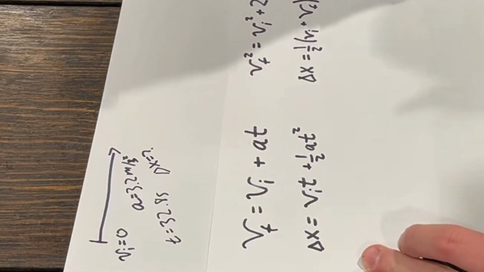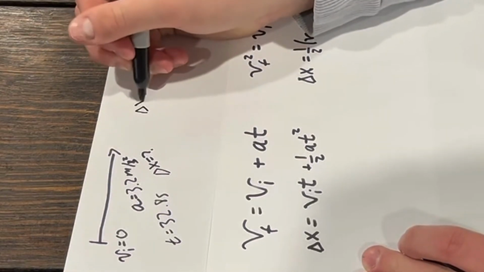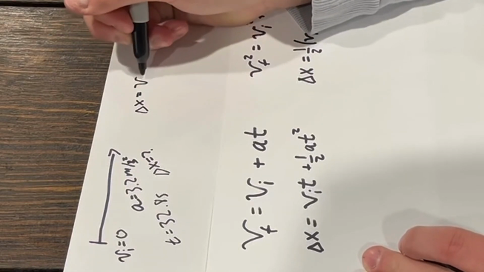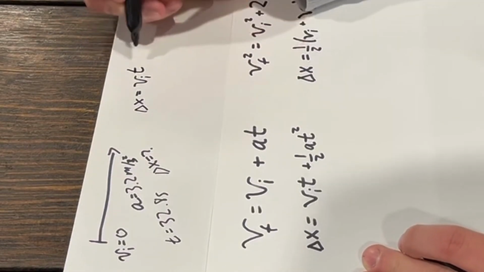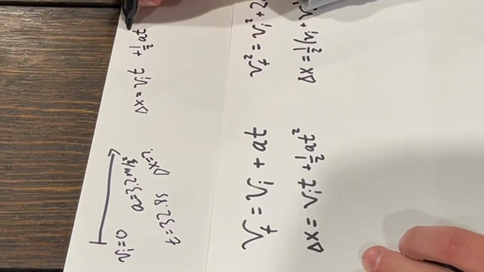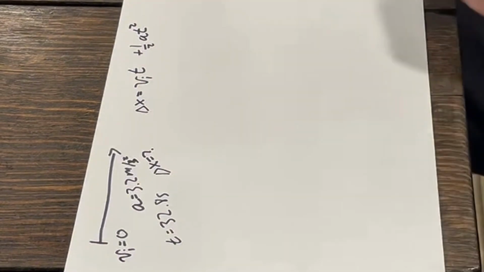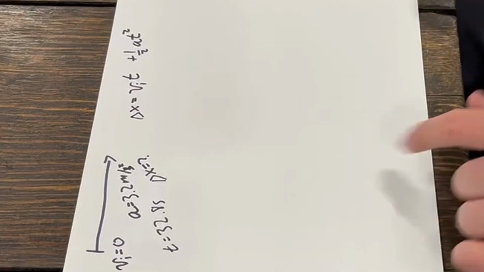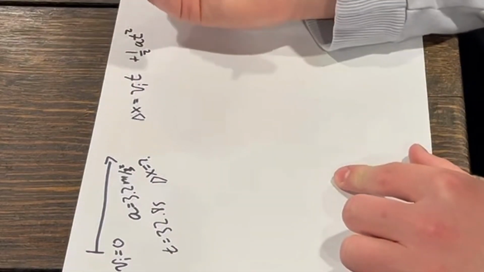So this is the equation we're going to use, and that is delta X is equal to V initial times time plus 1/2 acceleration times time squared. Now, we don't have to shift the equation around because we already have it equal to delta X. So now we can plug in our numbers.